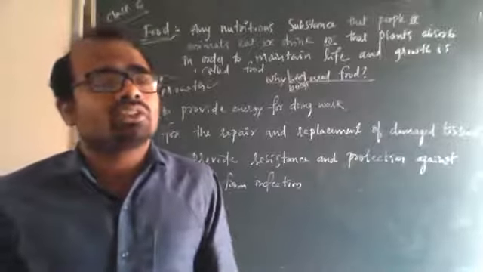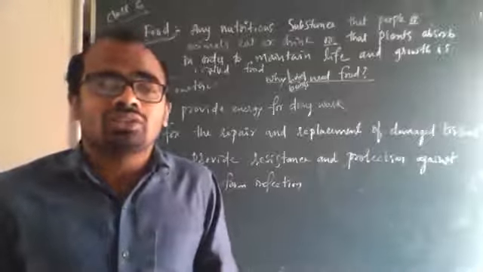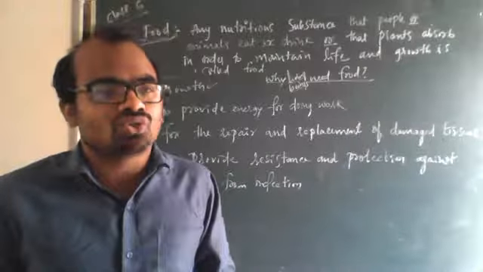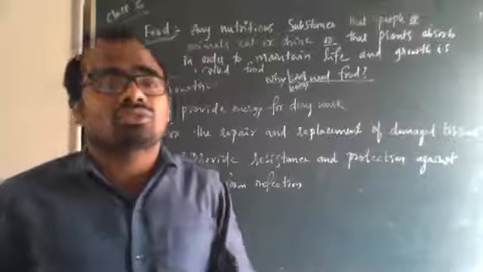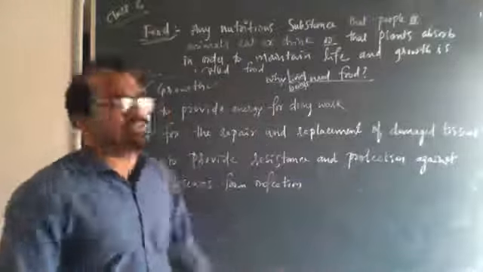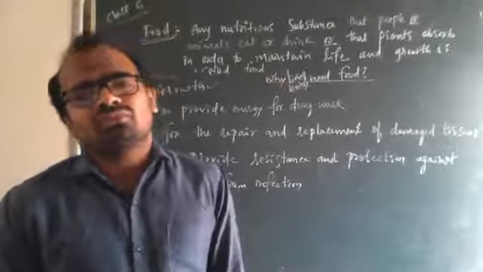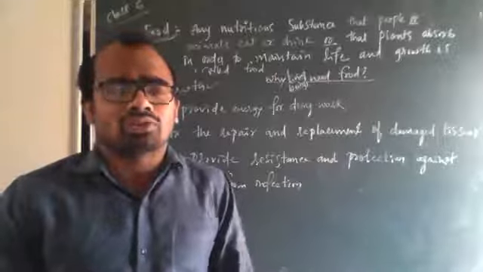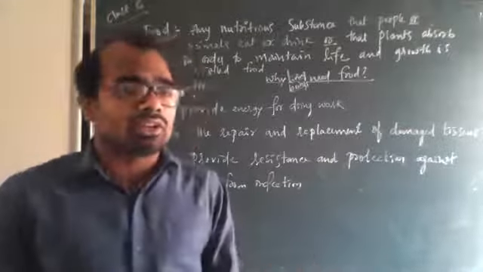So why are they used? Because one thing, they repair the damaged tissue, or they increase the resistance of your body, and they provide protection against diseases from infection. See, there are some infections. Suppose, for example, if a dog bites you, then there might be an infection.